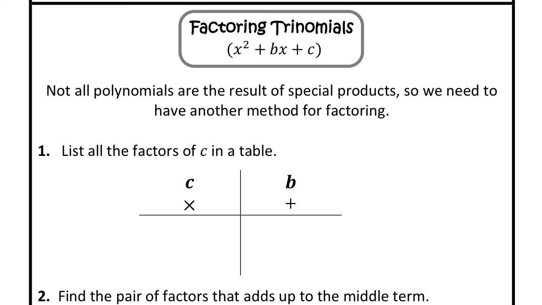Next, we're going to look at factoring trinomials. Not all polynomials are the result of special products. So sometimes there's nothing special about the polynomial that we're working with. So we need to have another method for factoring.